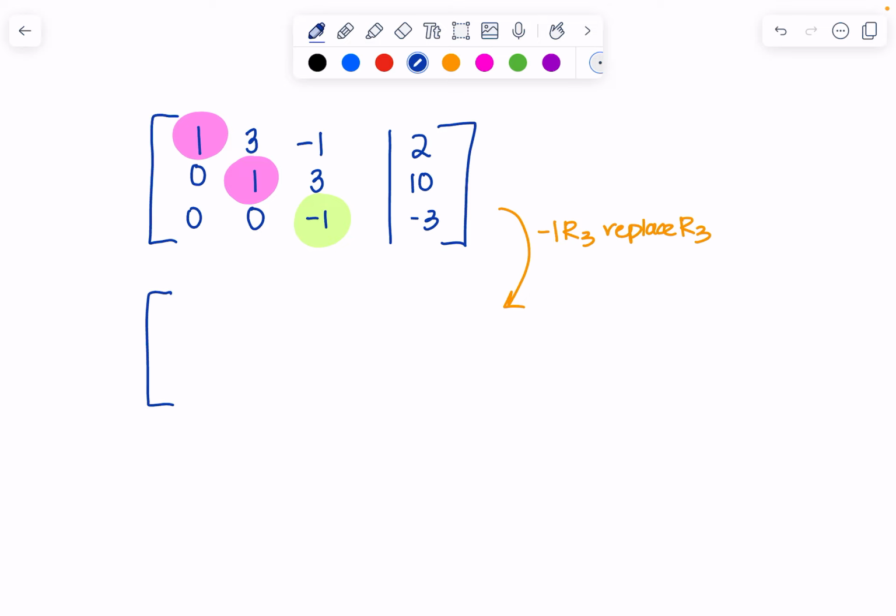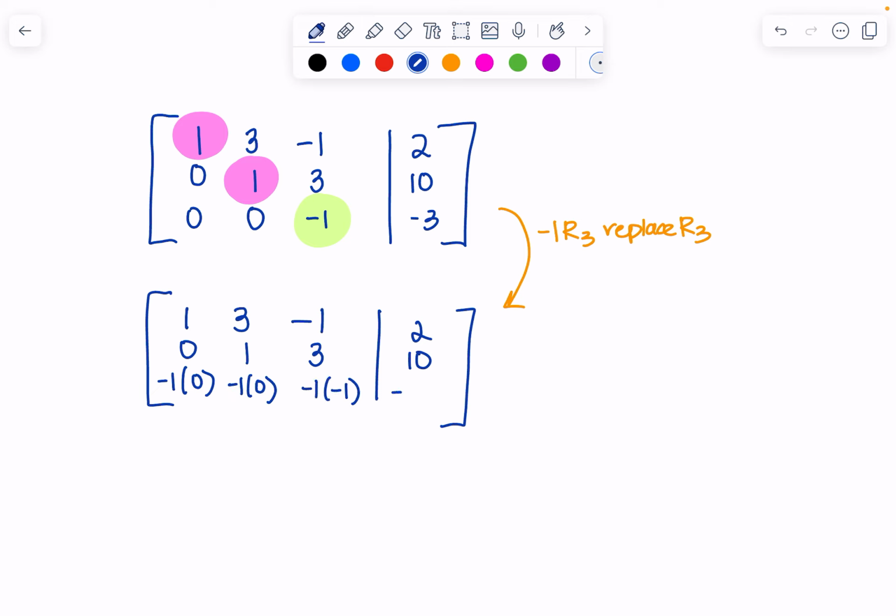So I'm going to keep my top 2 the same, 1, 3, negative 1, 2, 0, 1, 3, 10. And then if I multiply everything by negative 1, that would be negative 1 times 0, negative 1 times 0, negative 1 times negative 1, negative 1 times negative 3.